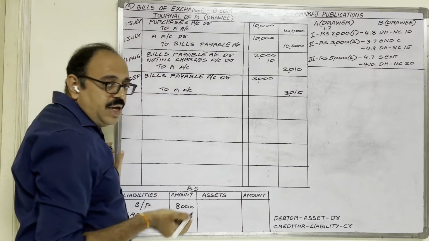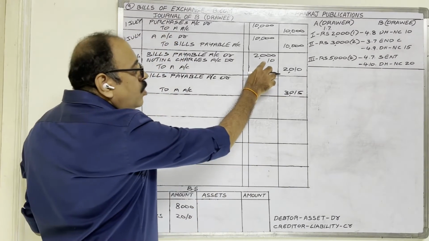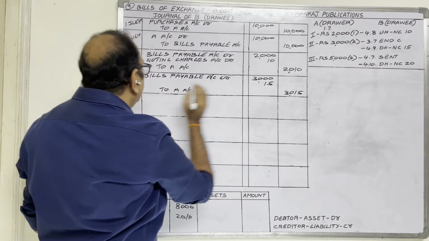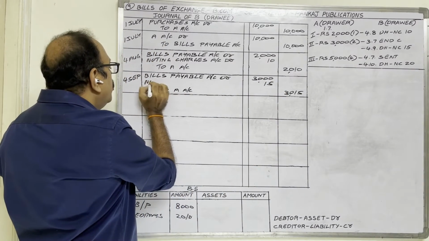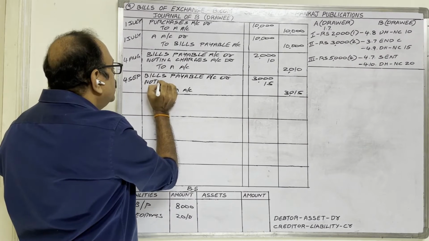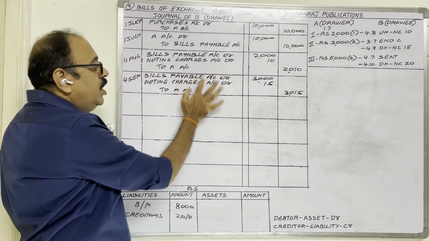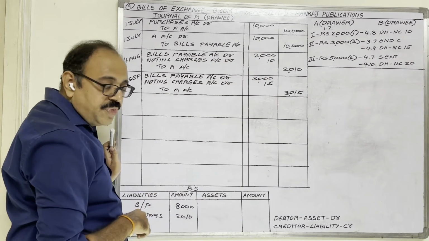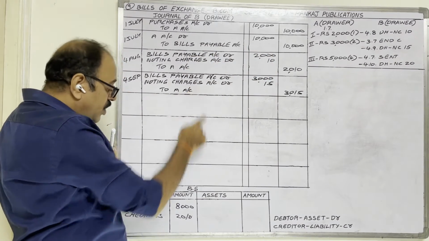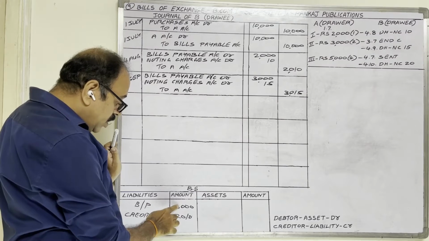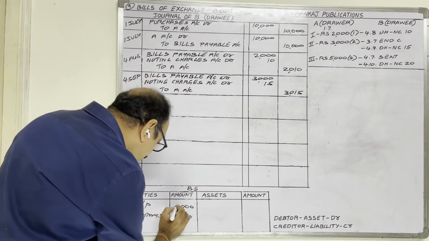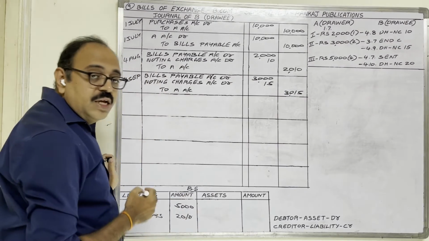Noting charges, again same explanation. Finally noting charges we have to bear. For us it is an expenditure. As per nominal account rule, we have to debit noting charges account. Two entries are same, no? Only the dates and the amounts are not same. What is the effect of this entry on balance sheet? In 8,000, 3,000 is also cancelled. Now finally 5,000 worth bill is there.